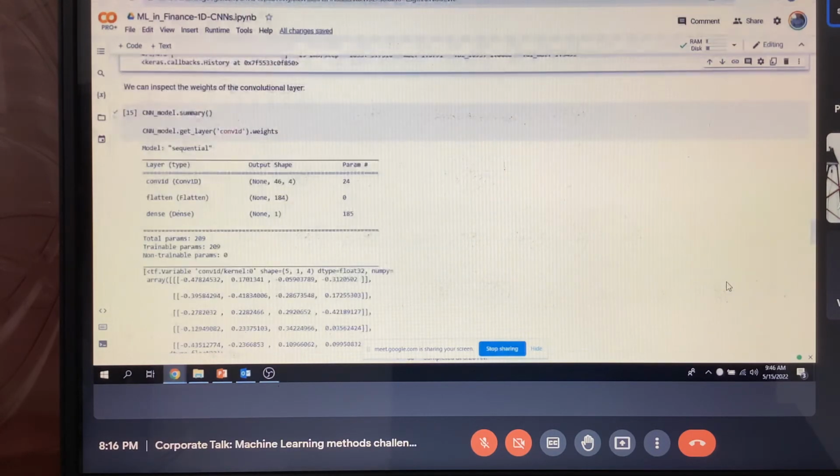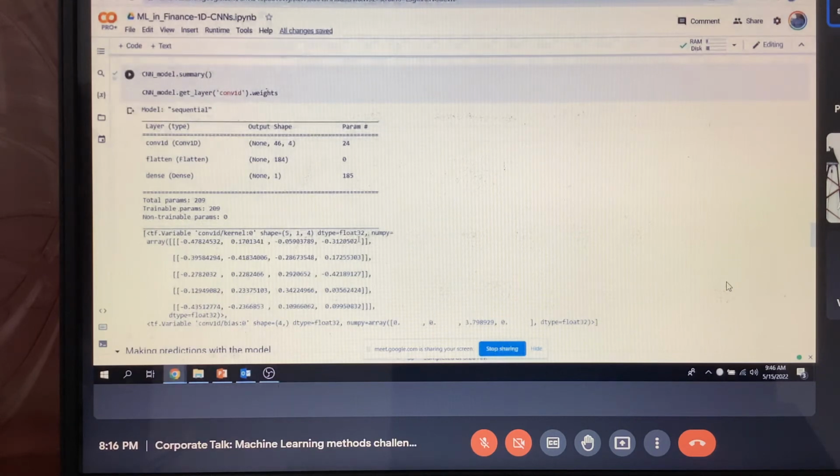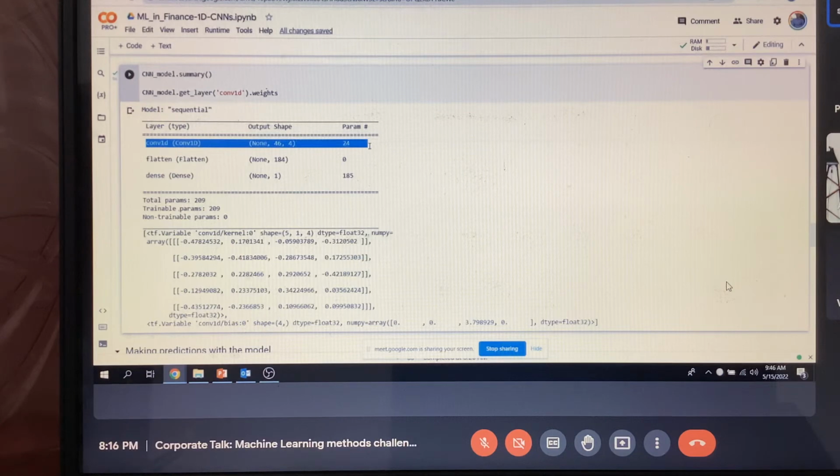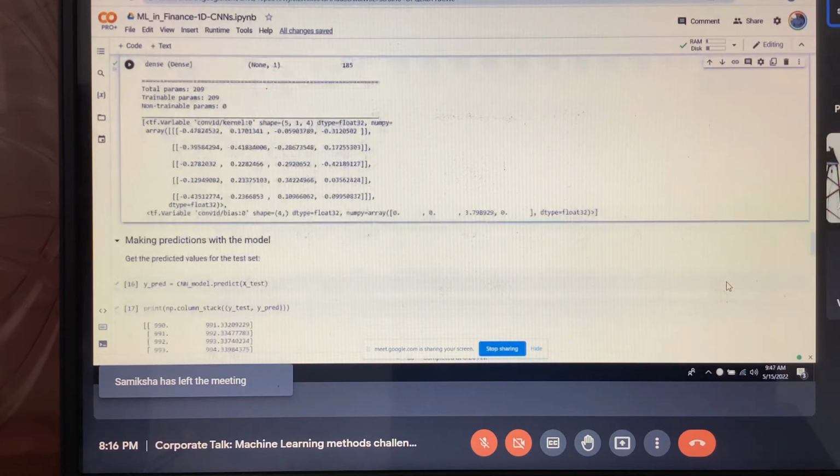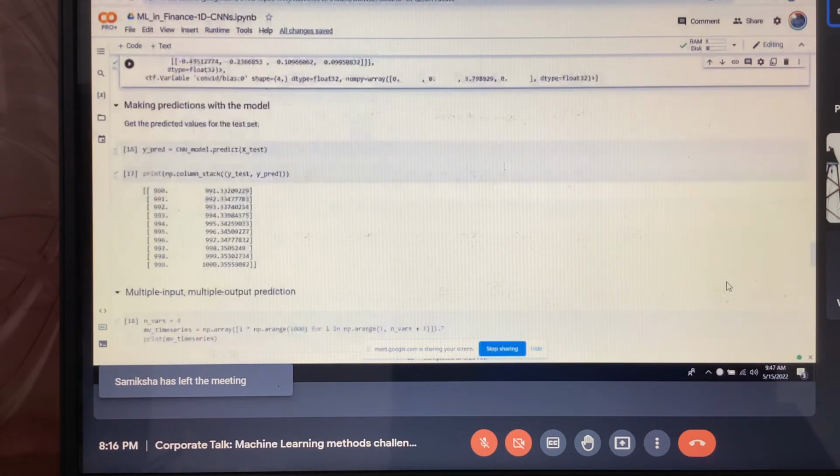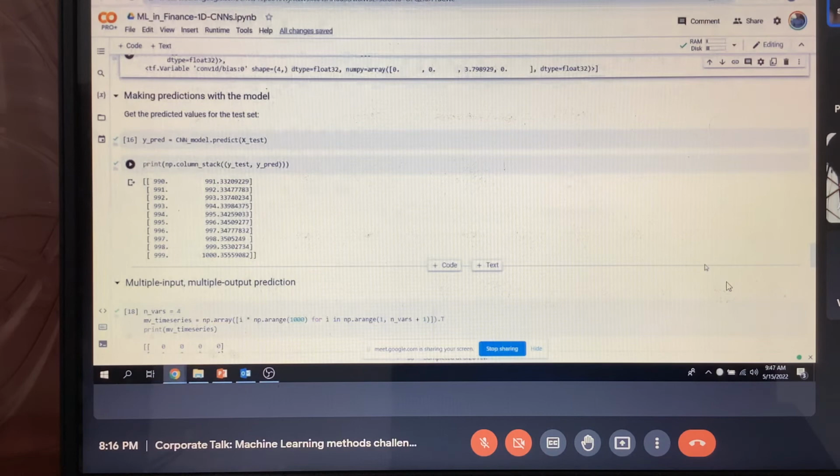And this is how the model summary looks. This is a very, very elementary model with just one layer of 1D convolution. But even with the elementary model, where our data was just a time series, we had given it some values like 1, 2, 3, 4, 5, 6, 7, 8, and 9, and the next is 10.